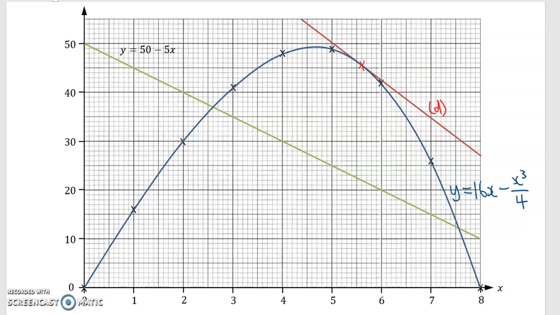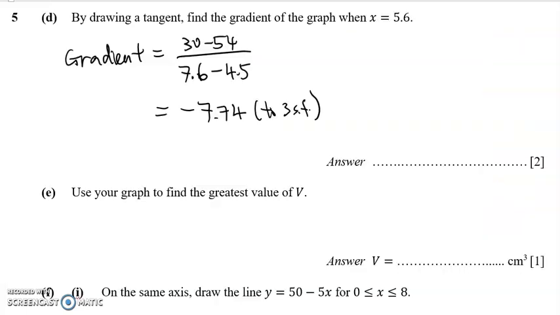We can do so by taking two convenient points. So you pick 2 points that are convenient for you on the graph. With the 2 points, we will then calculate the gradient of the graph when x is 5.6. For this, the answer, we accept values between -8 all the way to -7.